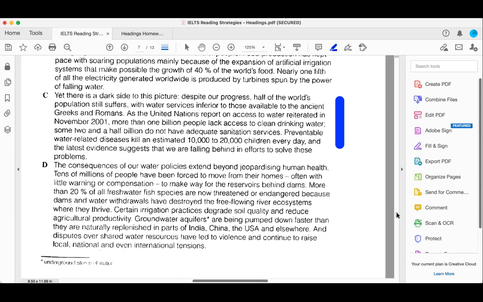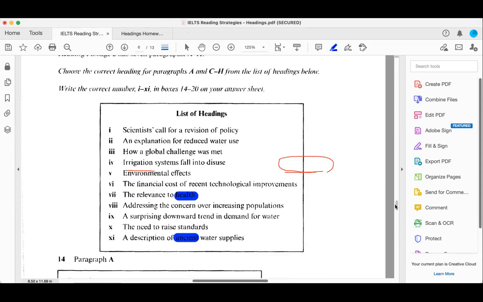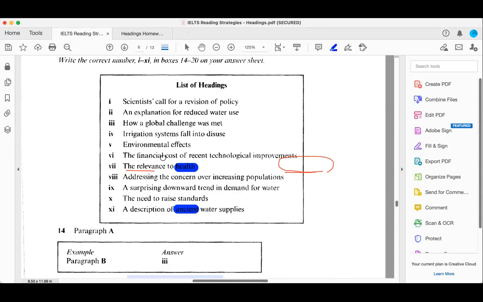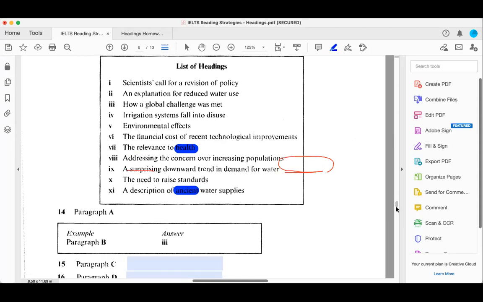Water policy and human health. Now you read human health here, and IELTS on purpose uses human health in the headings, uses health in the headings. That is on purpose to get you confused.